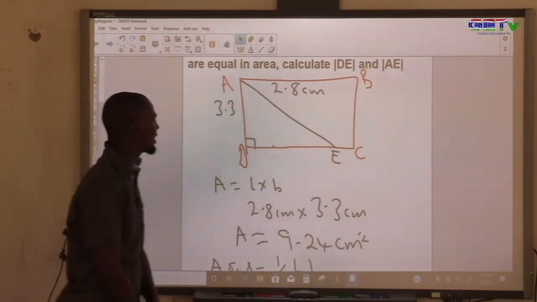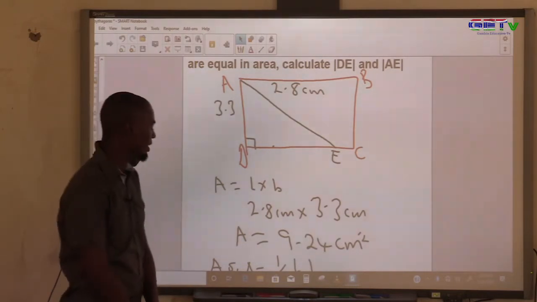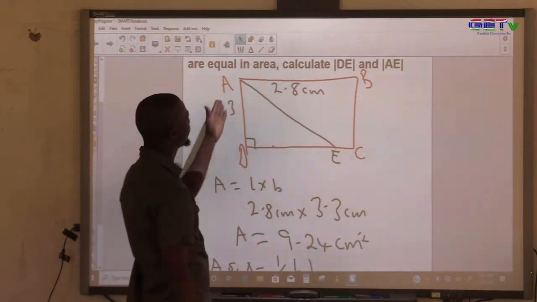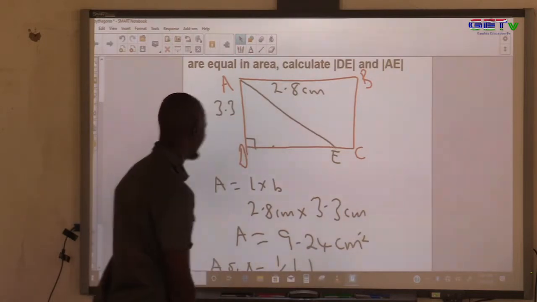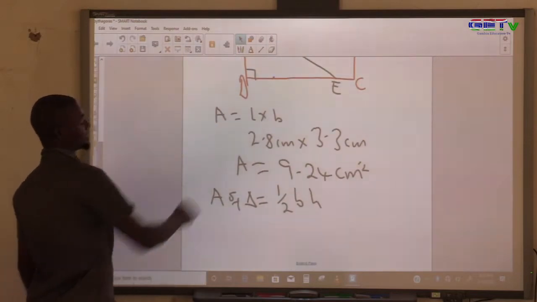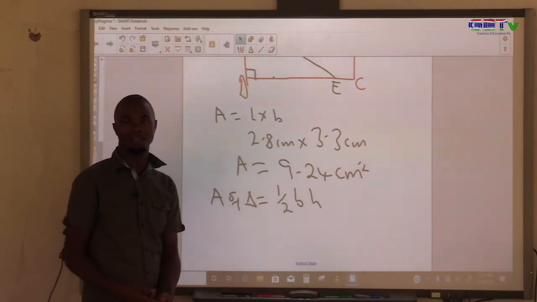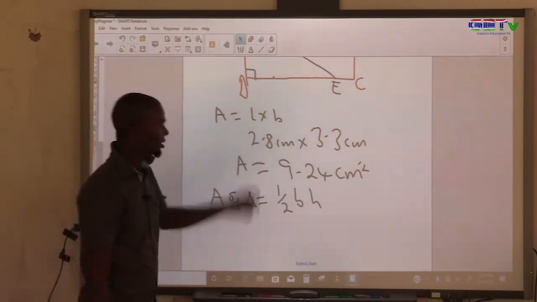The base of the triangle is DE. That is one of the things that we are asked to find. So the height is 3.3 and the area is 9.24 because you are told it is equal in area with the rectangle.